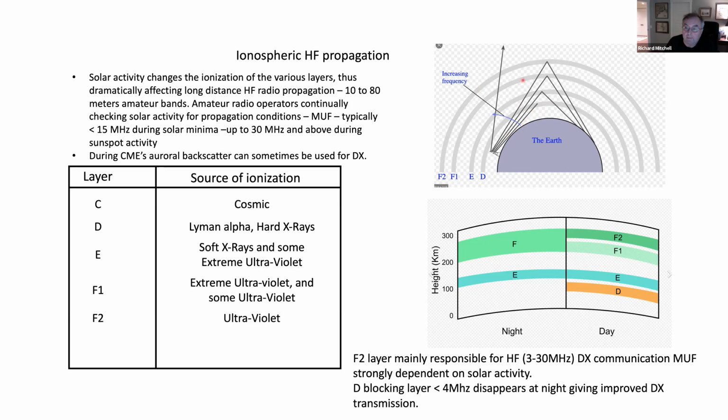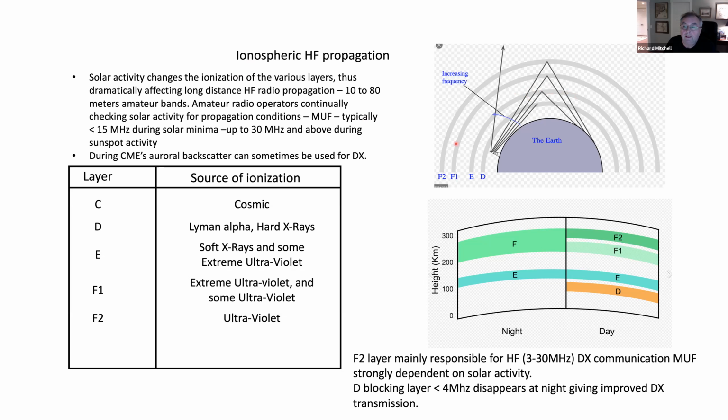So you don't get much long distance propagation in the daytime. But at night time, this layer completely disappears. And that's why if you have a shortwave radio, you'll find that you get a much longer range during the night than you do in the daytime.